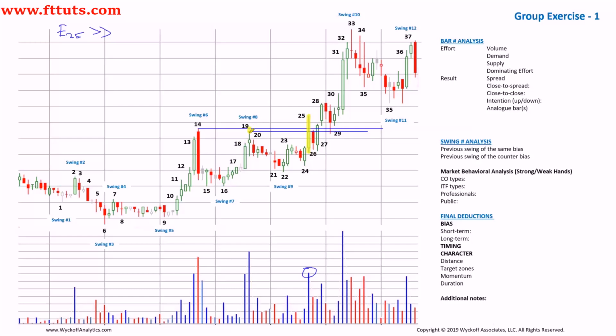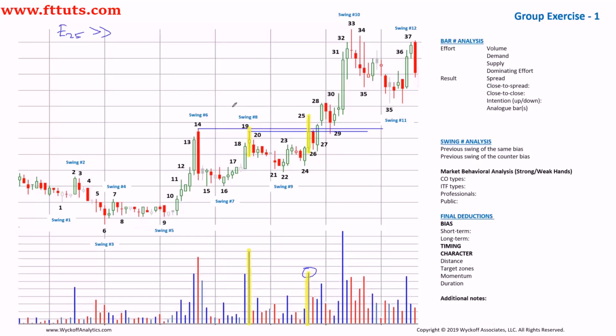19. Why is bar 19 a bar with the same intention as bar number 25?